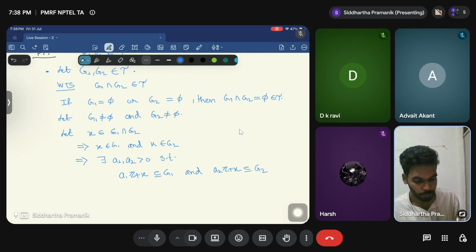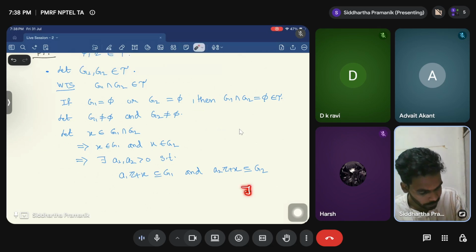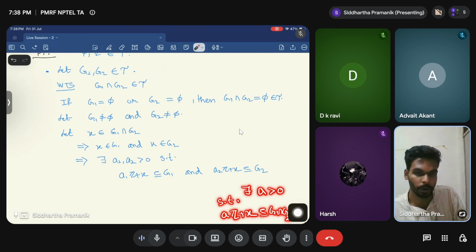So what we have to show is there exists some a positive such that aZ plus x is a subset of G1 intersection G2. Right? This is what we want to prove.